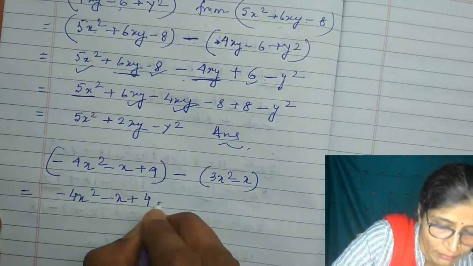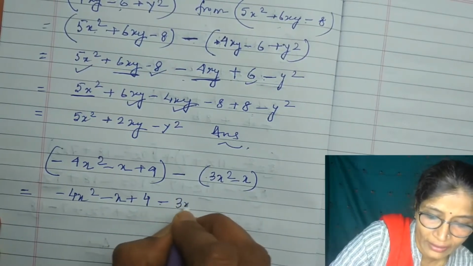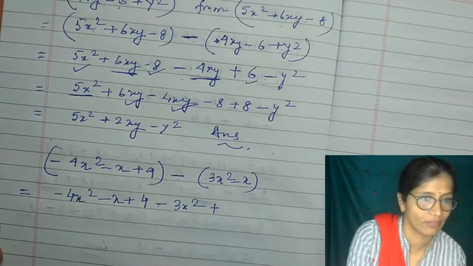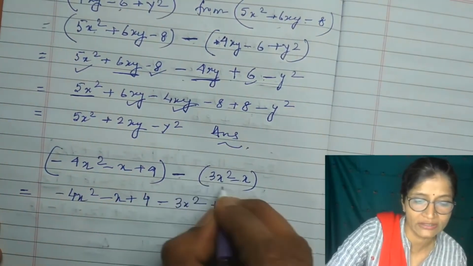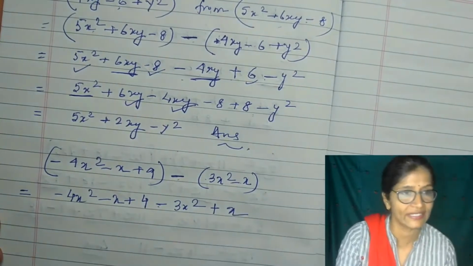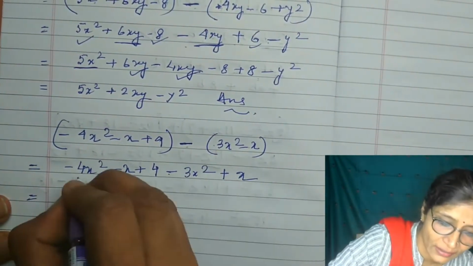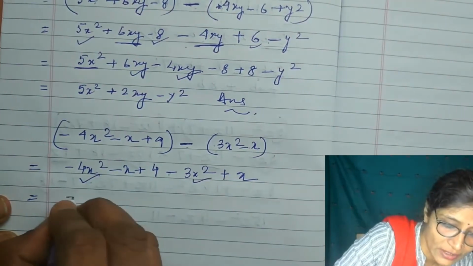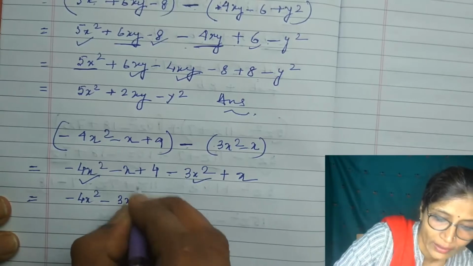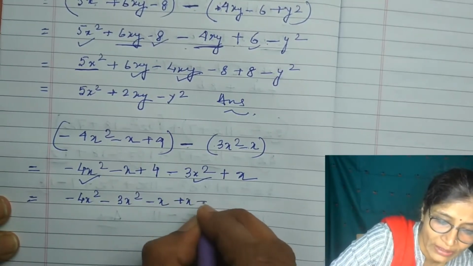Here the minus sign, because plus is here, so the sign will be minus 3x square, and minus will become plus, because outside there is a minus, so I change the signs. So here it will be plus x. Now collect the like terms together. Like terms are this one and this one: minus 4x square minus 3x square, and next is minus x and plus x, plus 4.